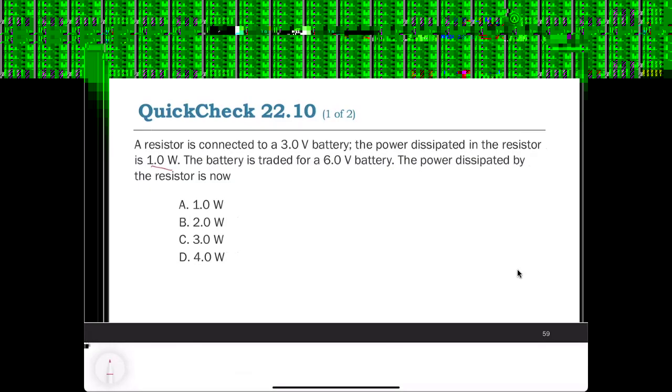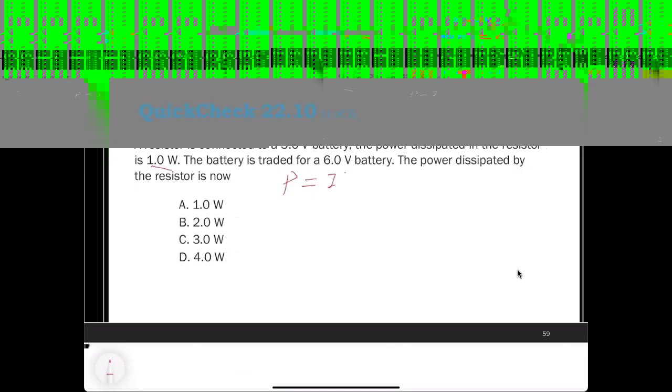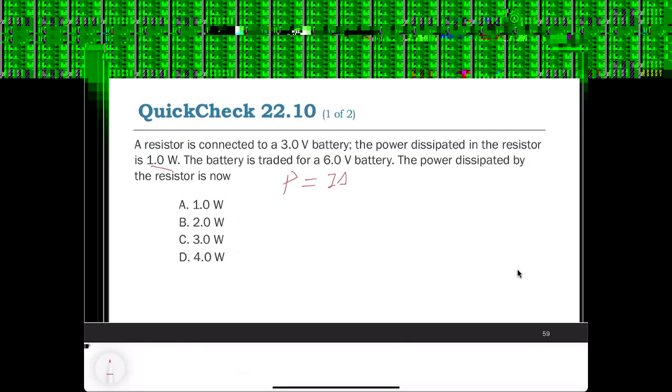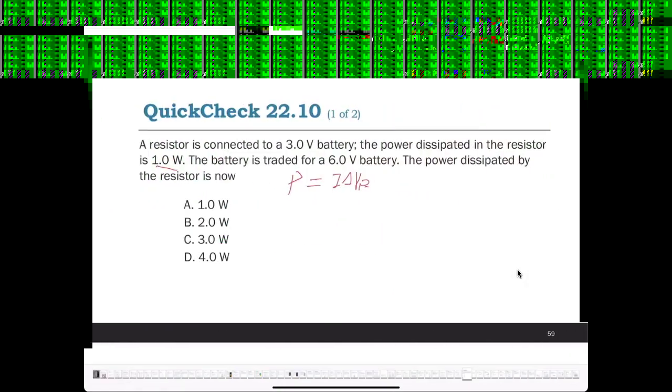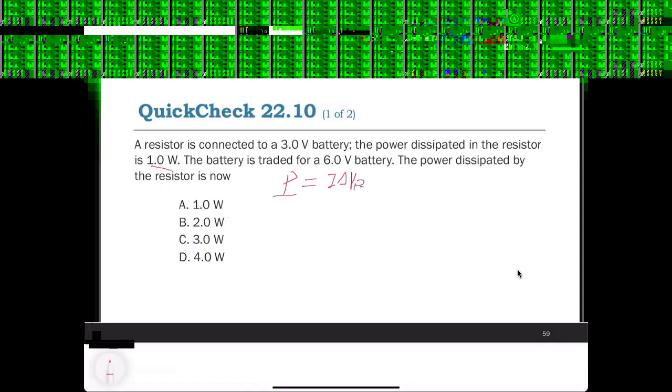Here we can get P. We know P equals I delta V_R, am I right? We know P and the potential difference, so we can calculate I equals P divided by delta V_R equals 1 divided by 3.